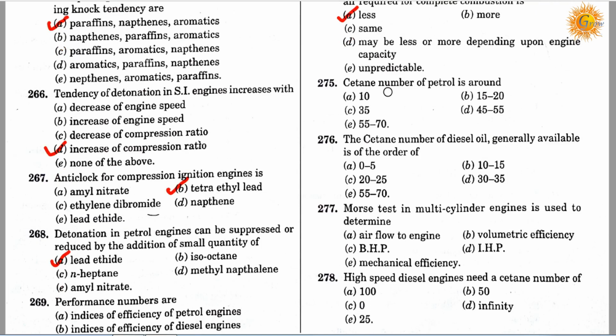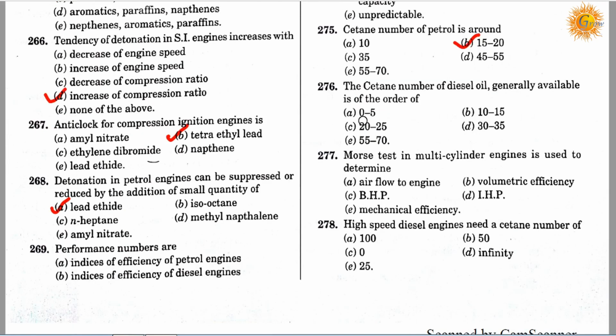275. Cetane number of petrol is around option A, 10, option B, 15 to 20, option C, 35, option D, 45 to 55, option E, 55 to 70. Correct answer is B, 15 to 20. Question number 276.